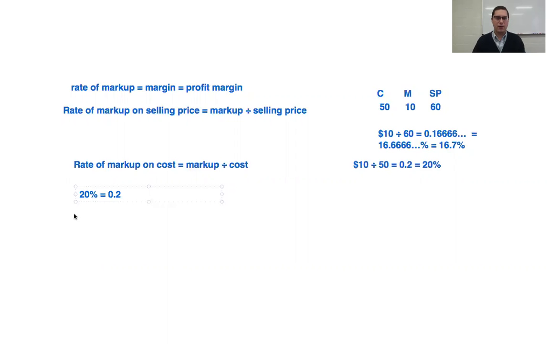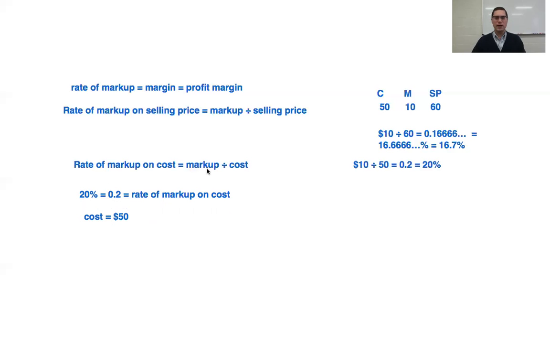That's our rate of markup on cost. And let's say that we know that our cost is going to be $50. So once again, cost equals $50.